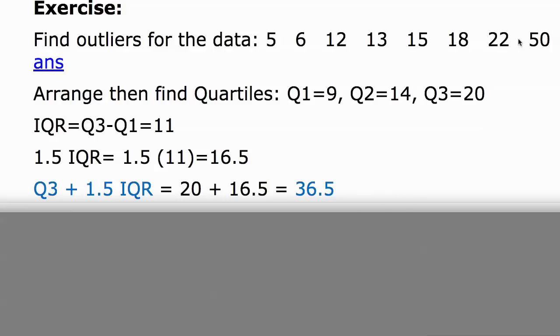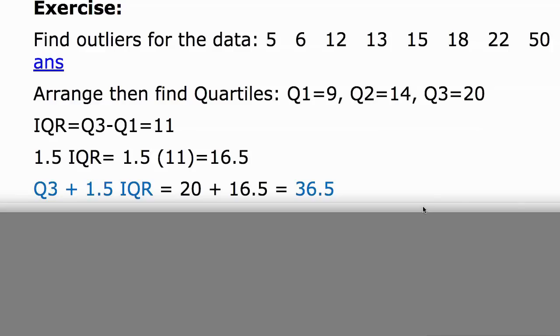I have 50. 50 is already a higher value than 36.5. So some of the data is actually outside the fence. That means 50 is an outlier, because it's higher than the upper boundary of the fence, which comes from the formula. So 36.5 is not the outlier, but 50 in fact is an outlier.